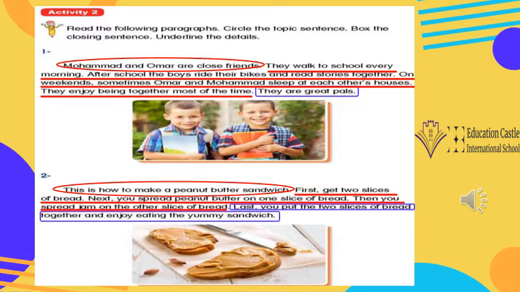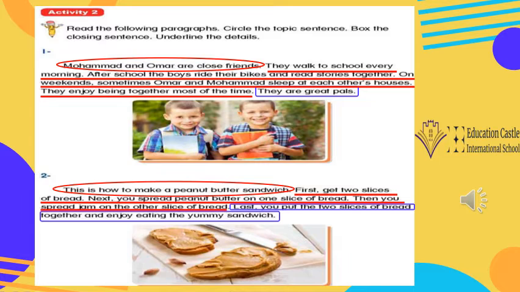The second one, on weekends, sometimes Omar and Muhammad sleep at each other's houses. It is the third detail. They enjoy being together most of the time. Here is the fourth one. At last, we have the closing sentence, so we will put a box around it.